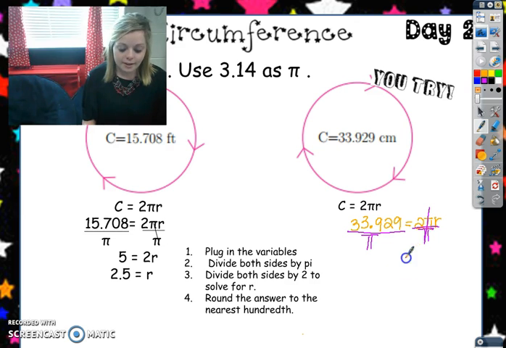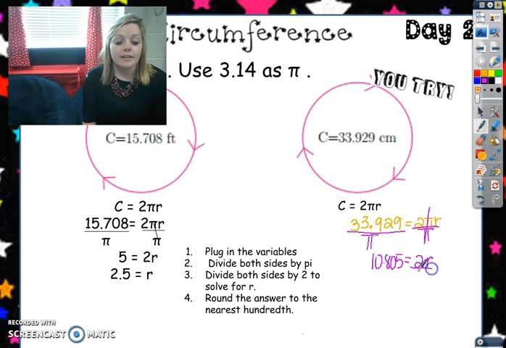So in our calculator, 33.929 divided by pi, 3.14, and I get 10.805414.